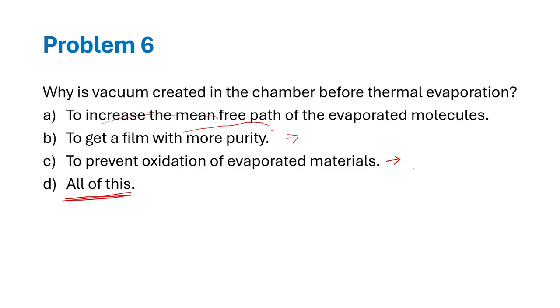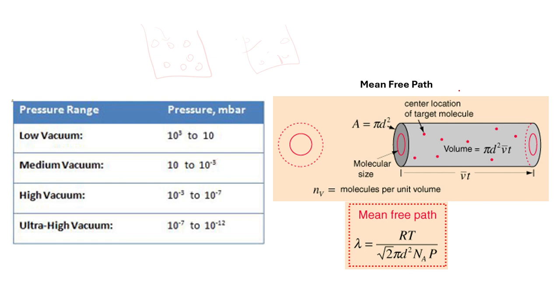Then there is also option A, where we have to increase the mean free path of the evaporated molecules. What is mean free path? Mean free path is the distance travelled between two collisions. If the chamber is in atmospheric condition, we'll have a large number of particles inside, so the evaporated molecules will easily collide with them.